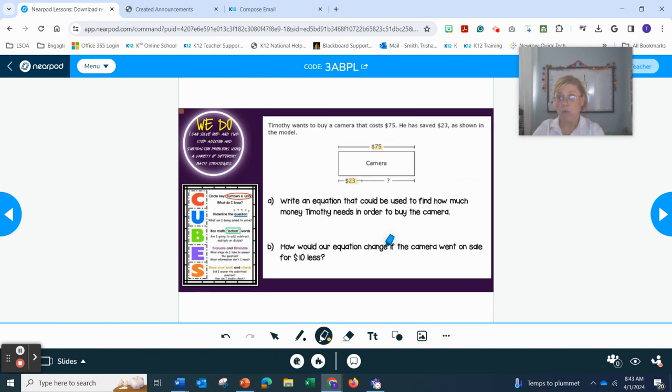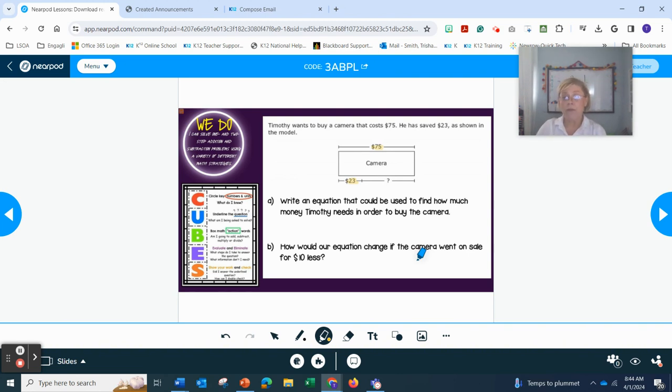That is $23. We want to find the difference that he needs from that total amount and the amount that he has already saved, so he knows how much he still needs to save to buy that camera. So let's pretend we're Timothy, so that we can work to save that money.